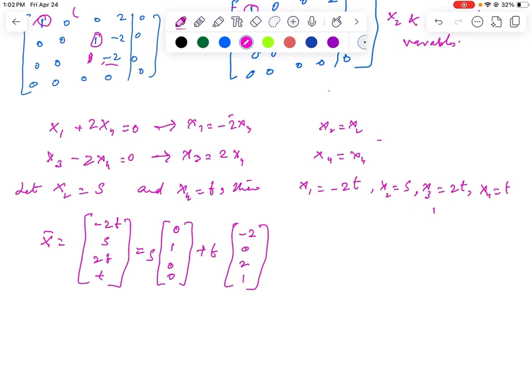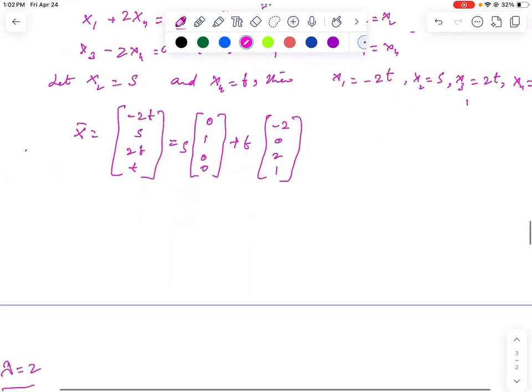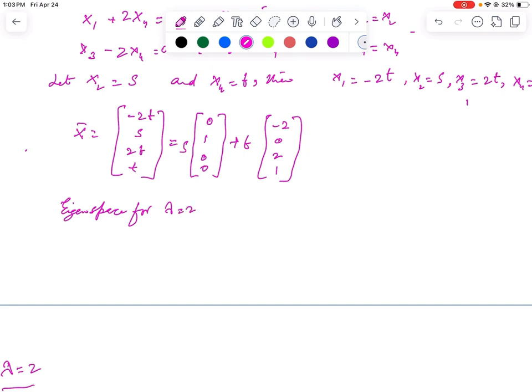So now these are the vectors, because remember we were looking at the basis of the eigenspace for lambda equal to 2. What is the basis?